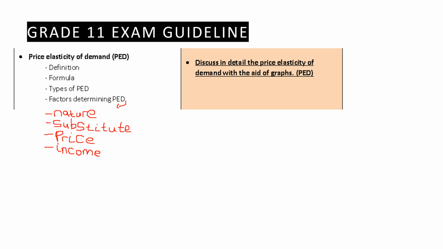Now if the income of people changes, maybe through government policy, maybe the government decides to increase taxation, it's going to reduce the people's disposable income. What that would mean is that the demand for superior products is going to go down, and the people are going to buy more inferior products. Why?